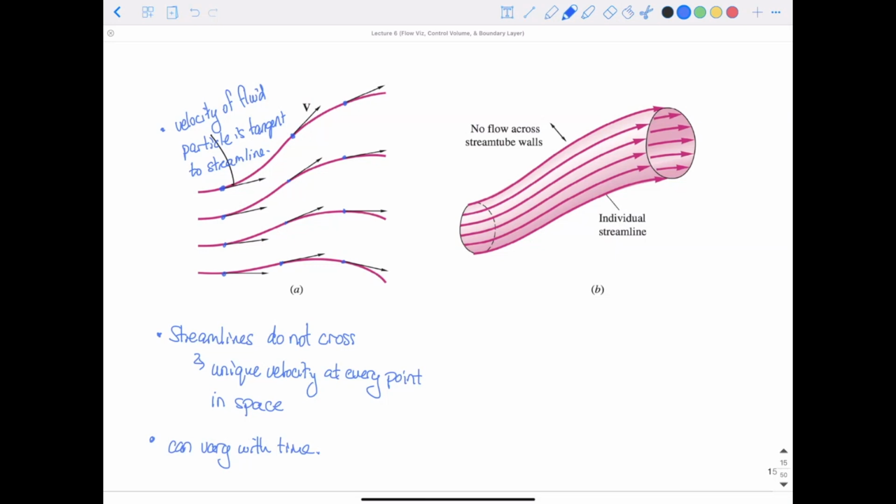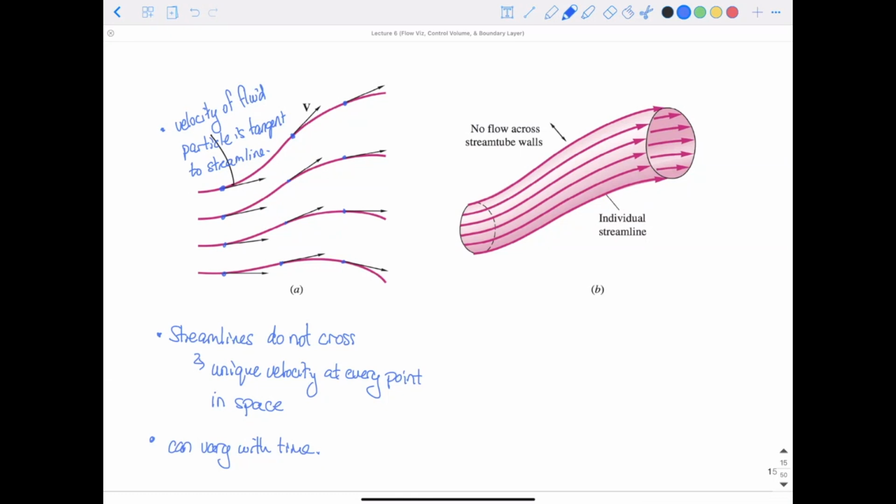A stream tube is a special arrangement of streamlines. It is a bundle of streamlines that surround a region of flow, and the flow contained within that conduit, which we'll call a tube, might be useful in some problems, but there's no flow across that tube.